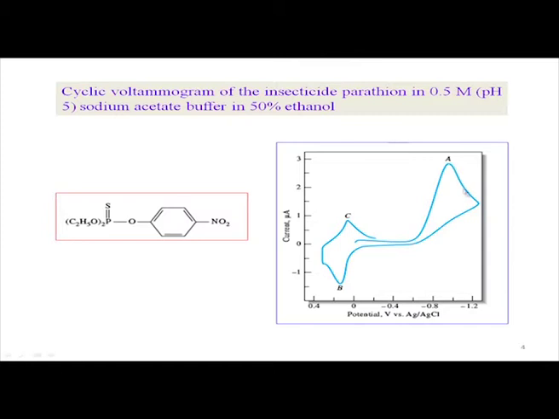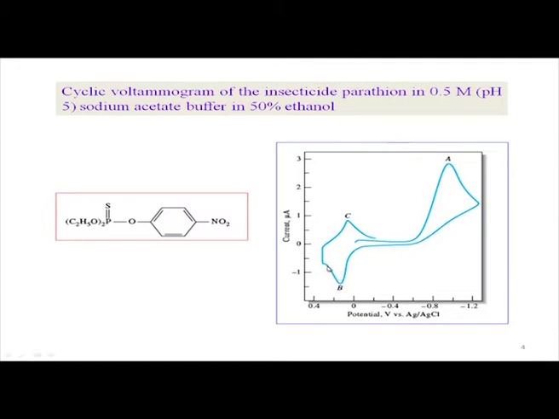Otherwise, you would have this peak on this side and the corresponding reverse peak on the other side, and you get the corresponding cyclic one. But instead of that, if you scan more to the positive side, you reach a point B. Okay, fine, you reach B. So you can consider that A is not directly reducing back to the original compound, but is reducing back to something else.